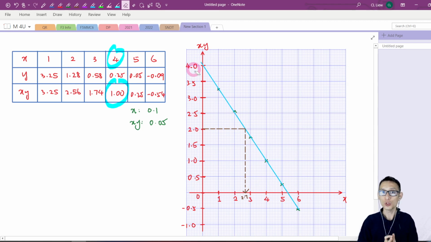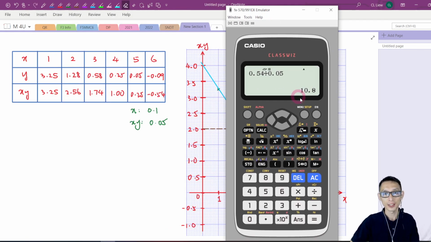So let's say you want to use your calculator to check the answer. You can do it this way. Take out your calculator, then press menu, choose 6, statistics, number 2. Key in all these values, 1, 2, 3, 4, 5, and 6.